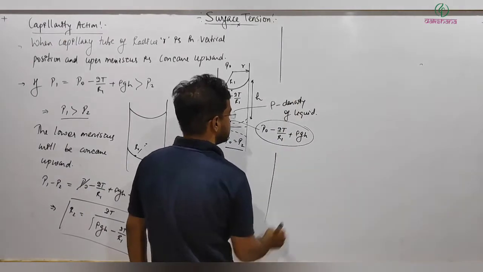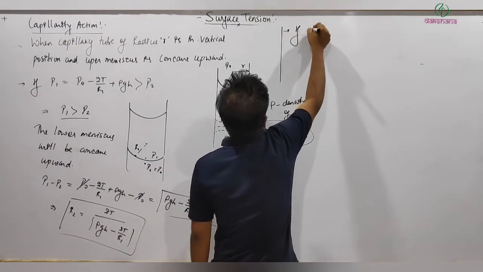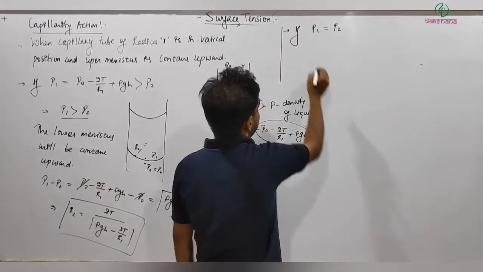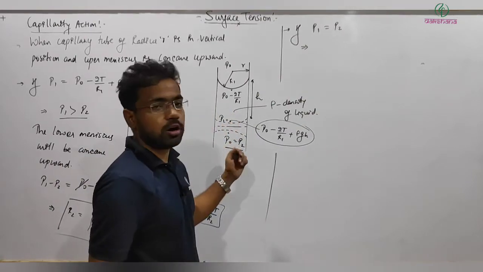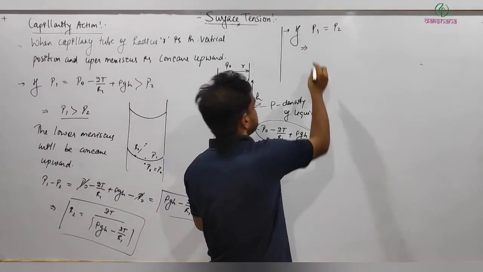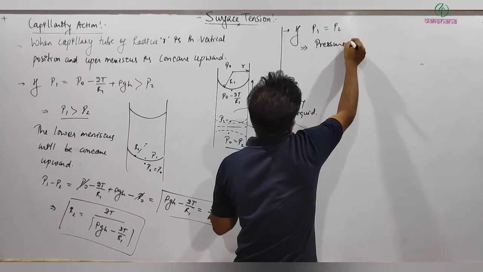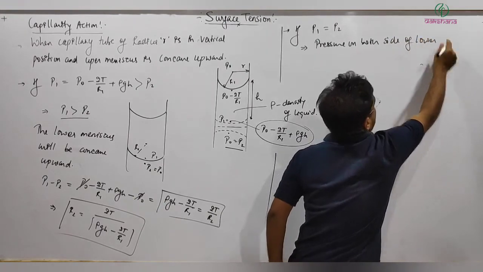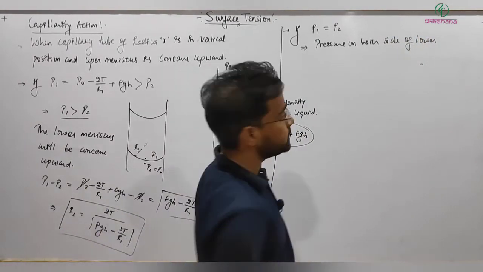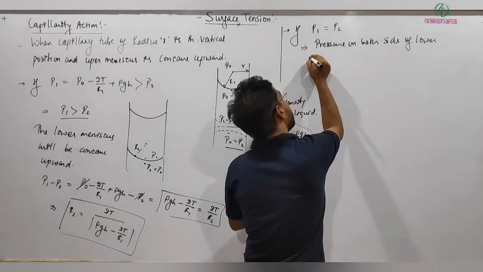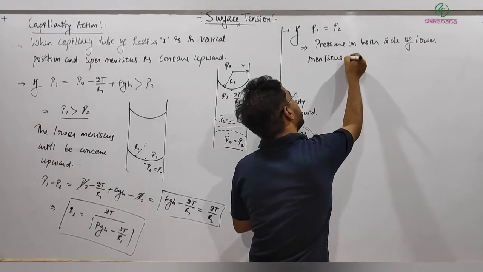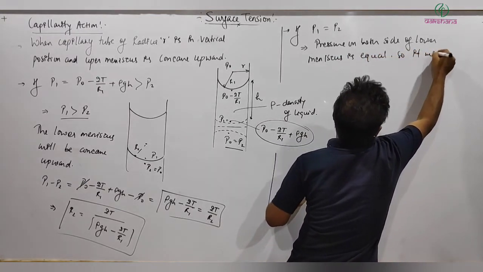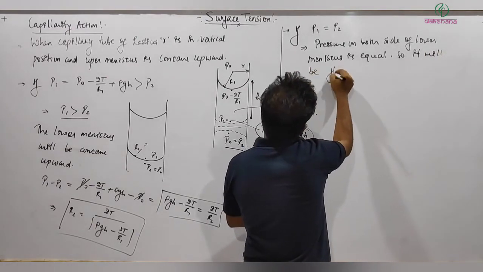Similarly, the next condition is if P1 is equal to P2. That means the pressure on both sides of the lower meniscus is equal, so it will be flat.